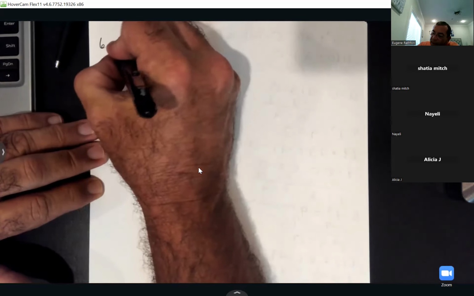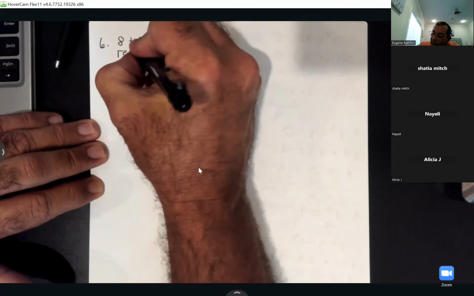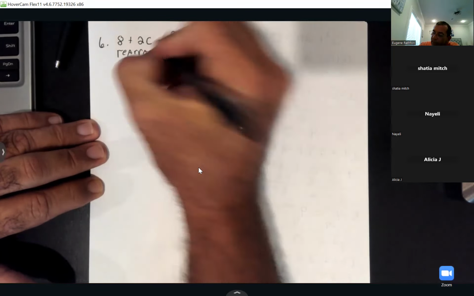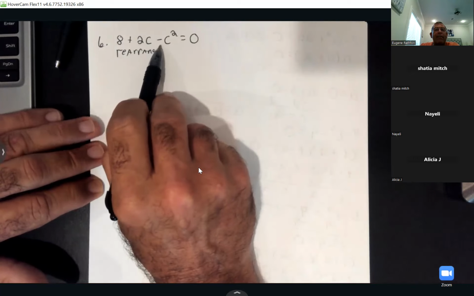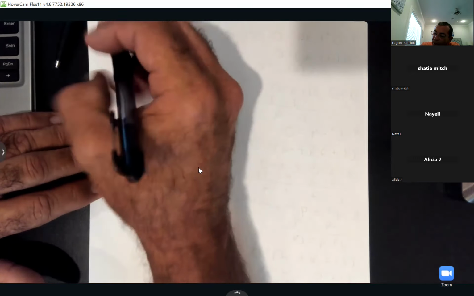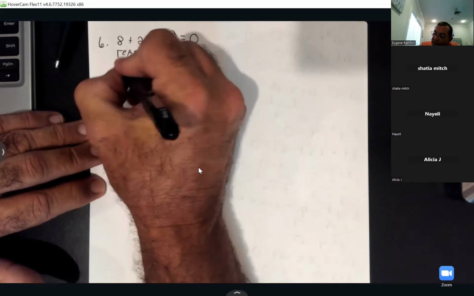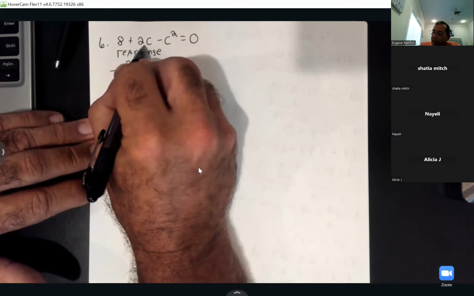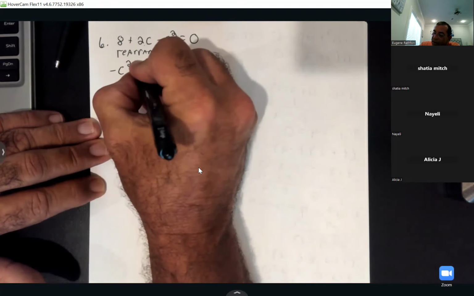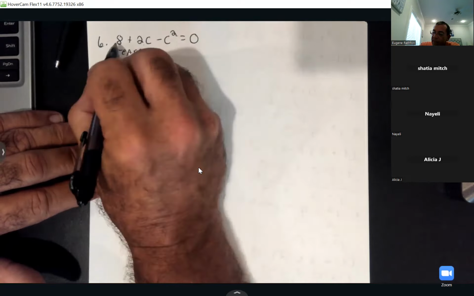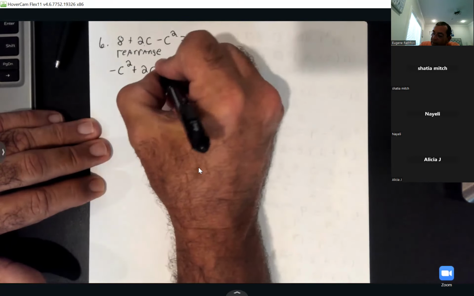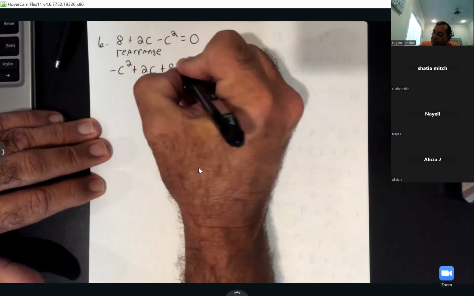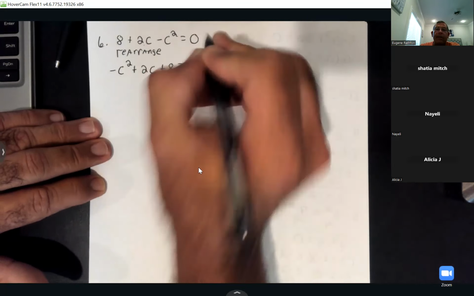So we're definitely going to rearrange this one. But notice my c squared is negative, so I'm going to bring it out as a negative c squared plus my 2c plus my 8, all that equal to 0.